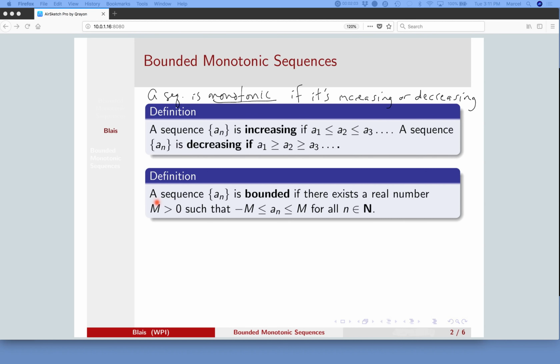The next definition is for a sequence to be bounded. So basically, this means that the terms in the sequence are captured within a band. The sequence a sub n is bounded if there's some real number M such that all the a sub n's sit between minus M and big M. So if we draw that, here's our n-axis.